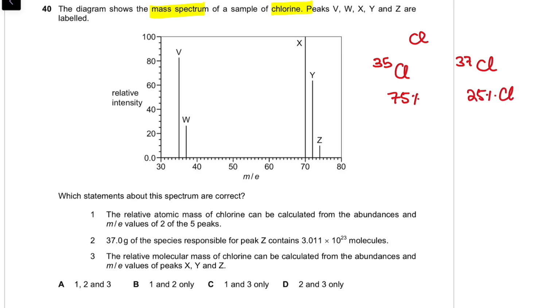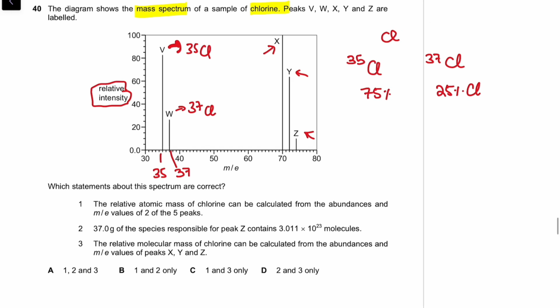These percentages are referred to as the relative intensity, and you can see that down here at 35, and down here at 37, these peaks represent the relative intensities. So V represents the 35 Cl isotope, and W represents the 37 Cl isotope. We have 3 other peaks down here, and these are for chlorine itself.